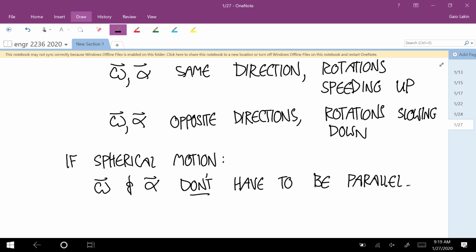But in the spherical case, there's a part that's parallel and a part that's perpendicular. The part that's parallel to the angular velocity vector determines whether it's speeding up or slowing down. And the part that's perpendicular determines in what way that circular path is rotating, basically turning out of that plane. Yeah, it's like the direction the axis of rotation is moving. That's right, exactly.